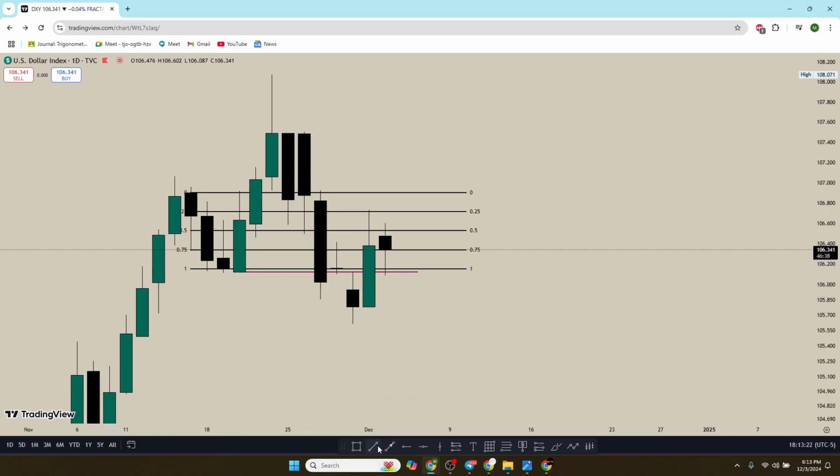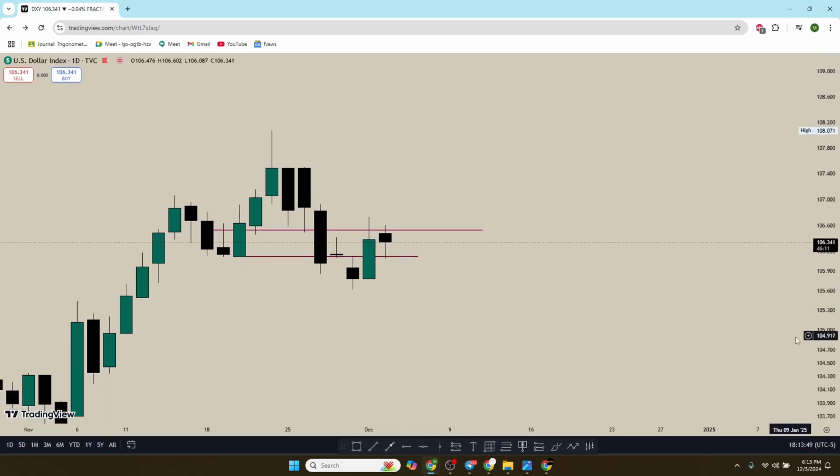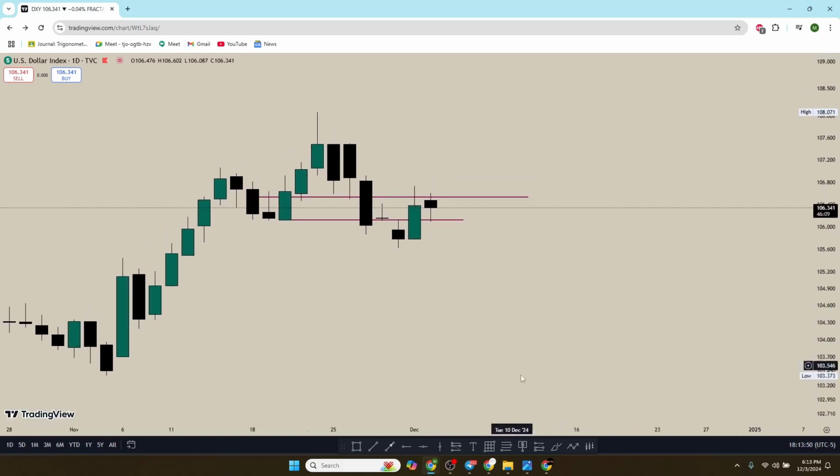So let's draw the line out, and we'll constitute this as the breaker. The reason why I'm drawing that out is because we're above that 50% in the last 20 days. So I'm looking for bearish PD arrays to see if price can trade into it and then reverse back down into a discount price, which would be again below that 50%.